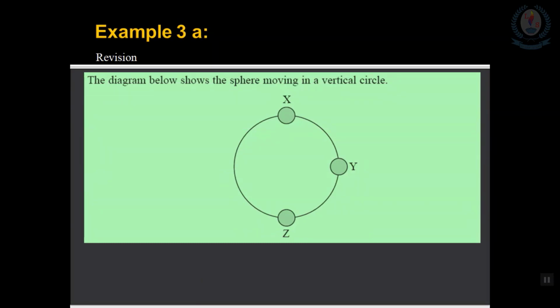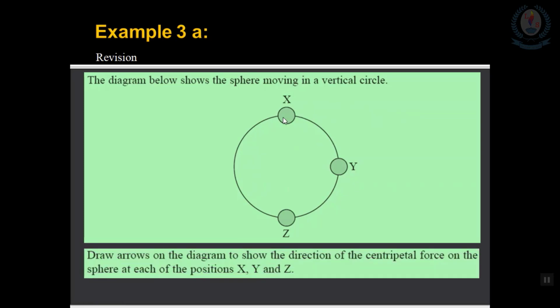Okay, we talked about the horizontal plane, we talked about the angled plane, now we will talk about the vertical plane. The diagram below shows a sphere moving in a vertical circle. In this circle, there are three points labeled.